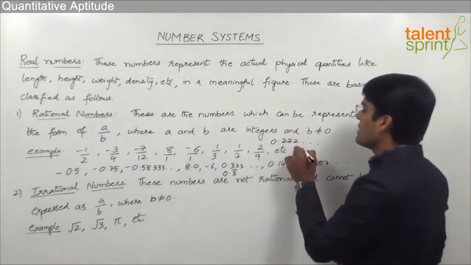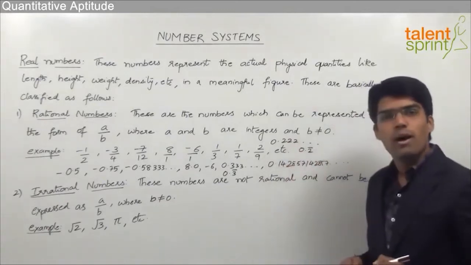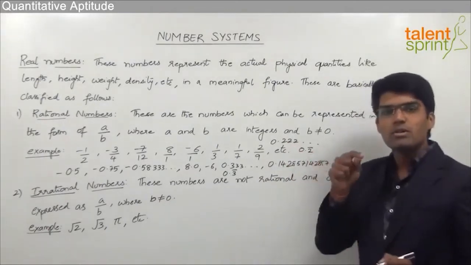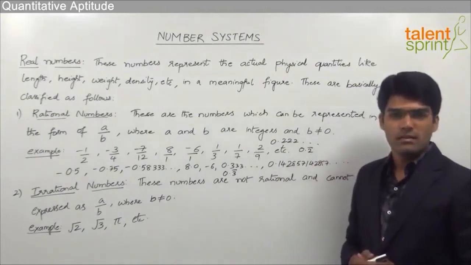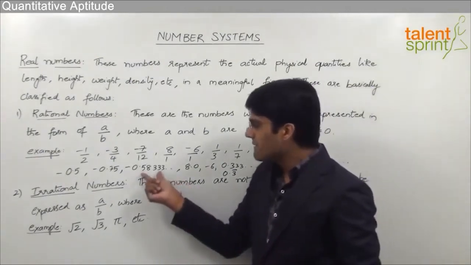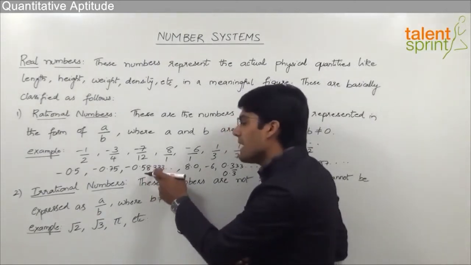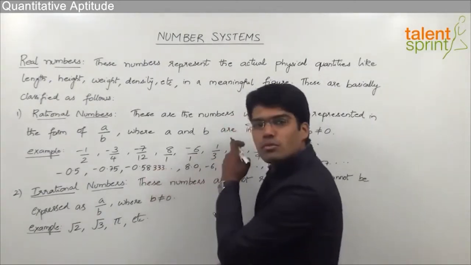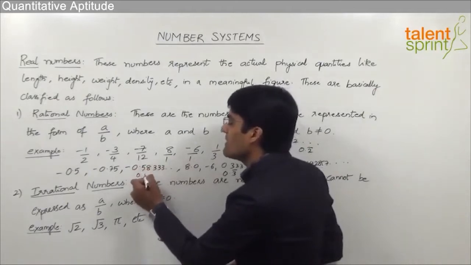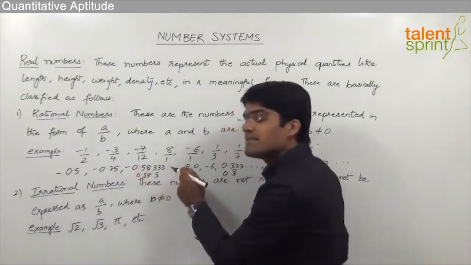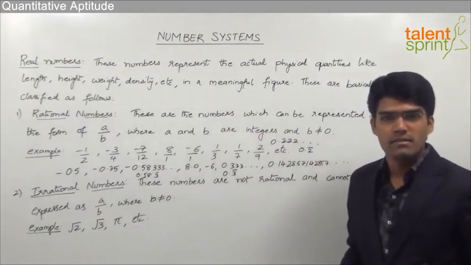Similarly, in case of 0.22, it can be taken as 0.2 bar. Why? Because here the number 2 occurs again and again at regular intervals. And if you look at 0.58333, up to 5, 8 it is fine, but after 8 the number 3 goes on up to infinity. So this can be taken as 0.583 bar. That means 3 occurs again and again at regular intervals.